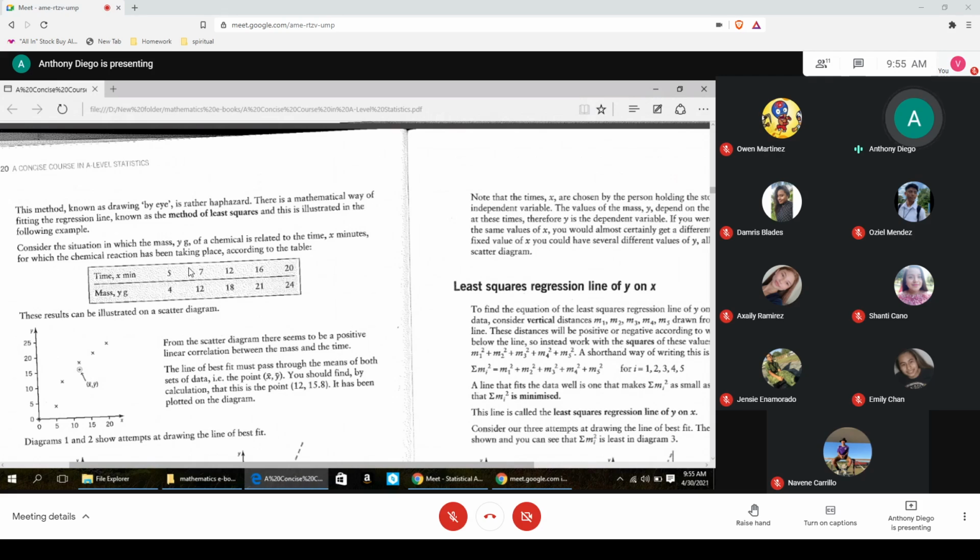We have 5, 7, 12, 16, 12, 20, and the corresponding masses for these times. These are the results, and they can be illustrated on a scatter diagram. All you need to do, you will notice, is that you will only be dealing with the first quadrant at all times. When doing scatter diagrams, you won't be dealing with the other three quadrants.